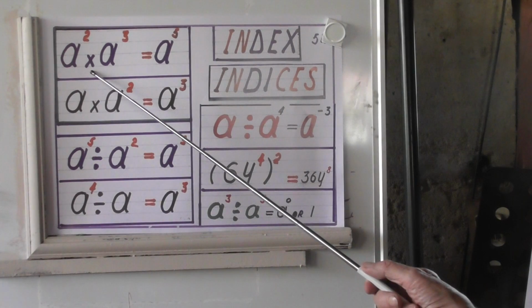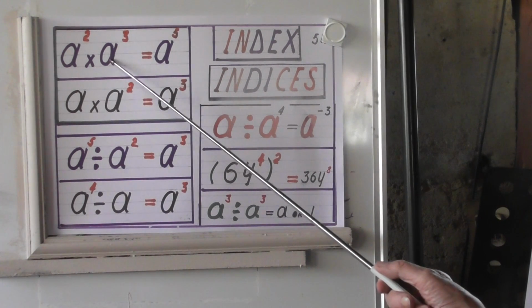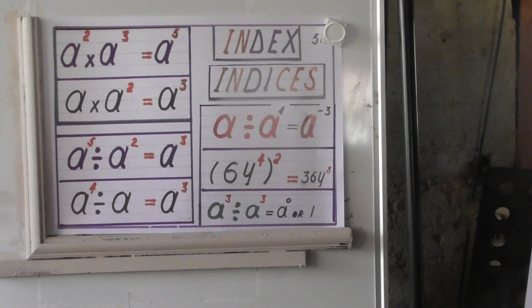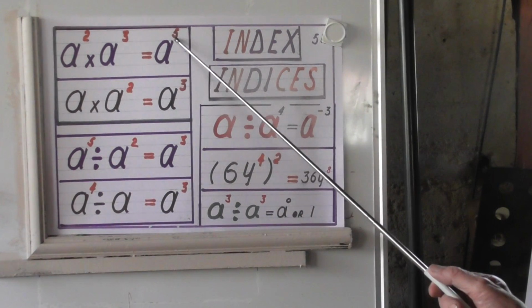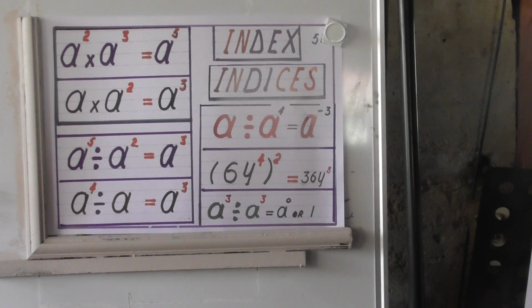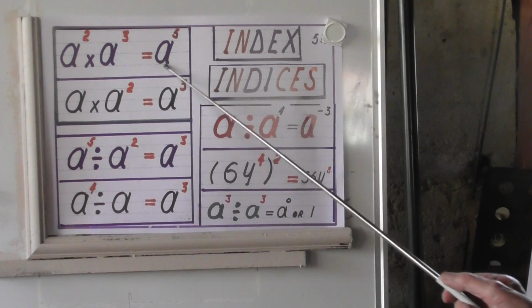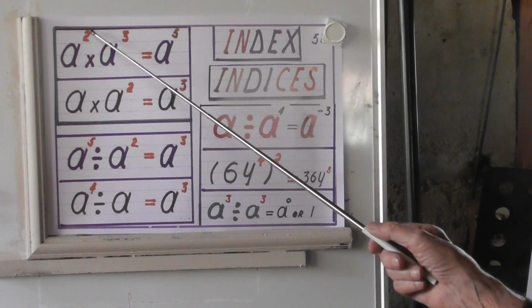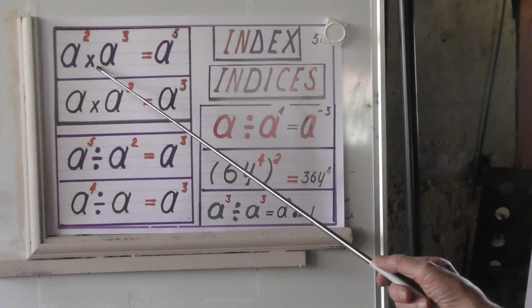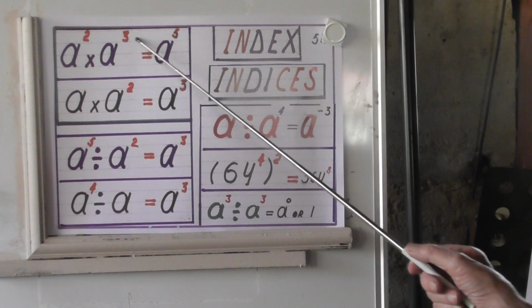A square times a cube is a to the 5. That means if you have to do a similar sum yourself, you discover that when it is times, you have to add these two.